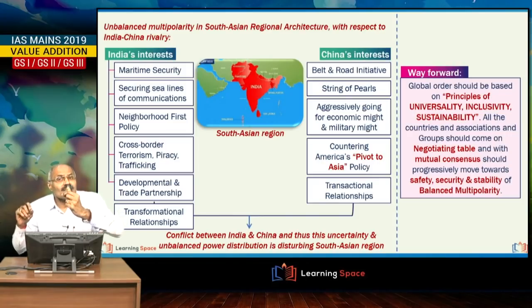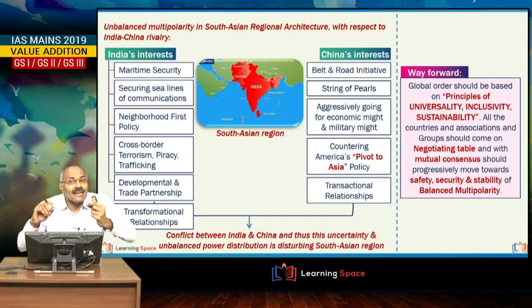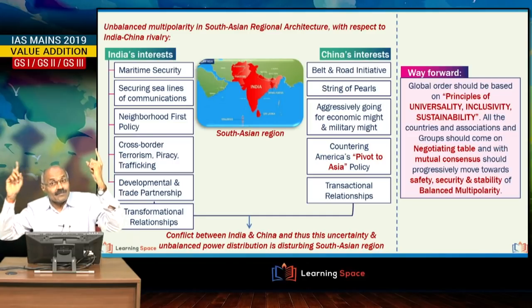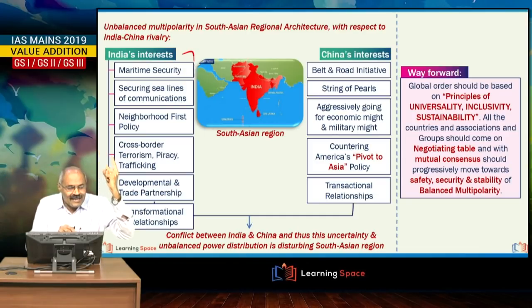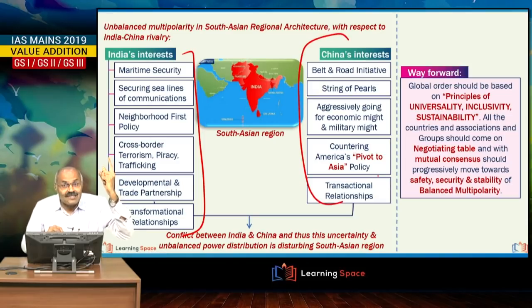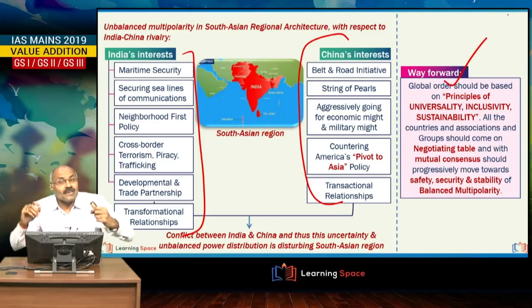That means because of unbalanced multipolarity, the interests of India and the interests of China are different, friends. So these are India's interests in the South Asian region, these are China's interests, and these are at variance with each other. And what is the way forward? Friends, please write the answer in this paradigm.